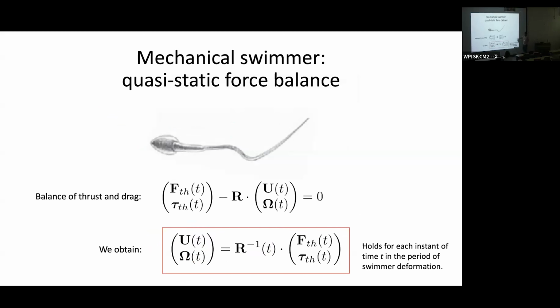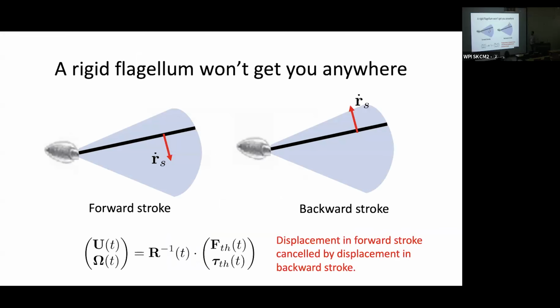But knowing this, we can conclude something interesting. Why does the sperm have such a complicated tail motion? Why not just take a rigid tail and wave it back and forth? Suppose you did that. I'm going to distinguish a forward stroke in which the tail goes from here to here, and then a backward stroke where it goes from here to here.